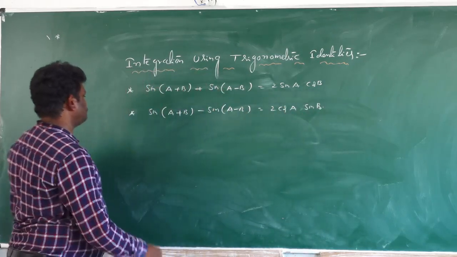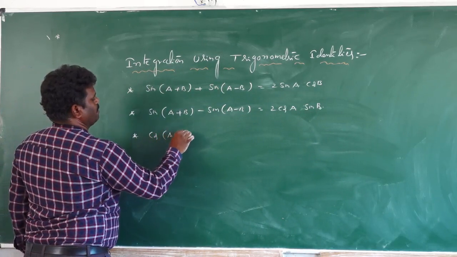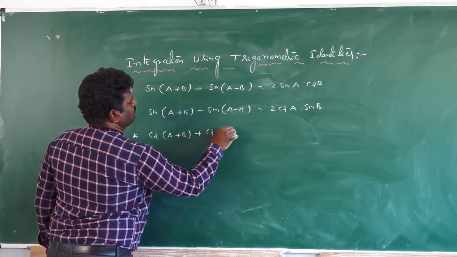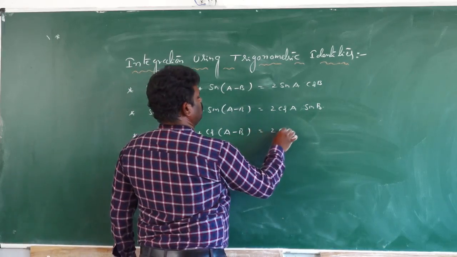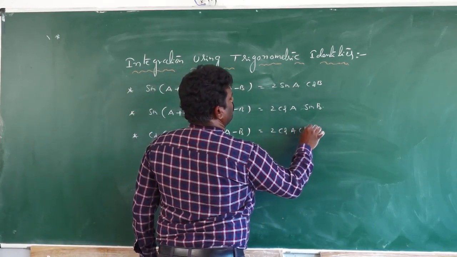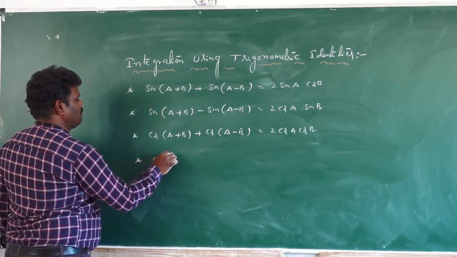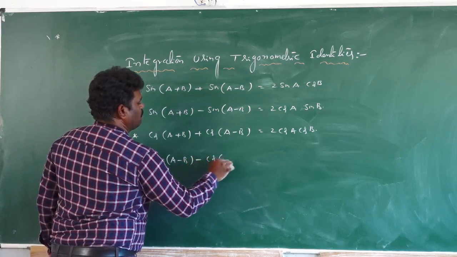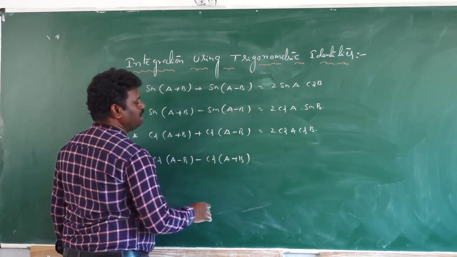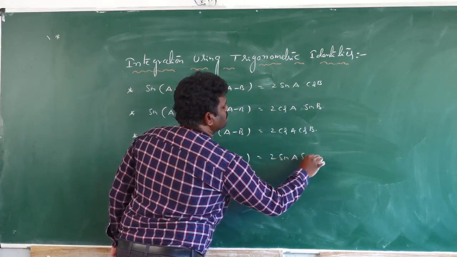Next, cos of a plus b plus cos of a minus b is equal to 2 cos a cos b. Next, cos of a minus b minus cos of a plus b is equal to 2 sin a sin b.